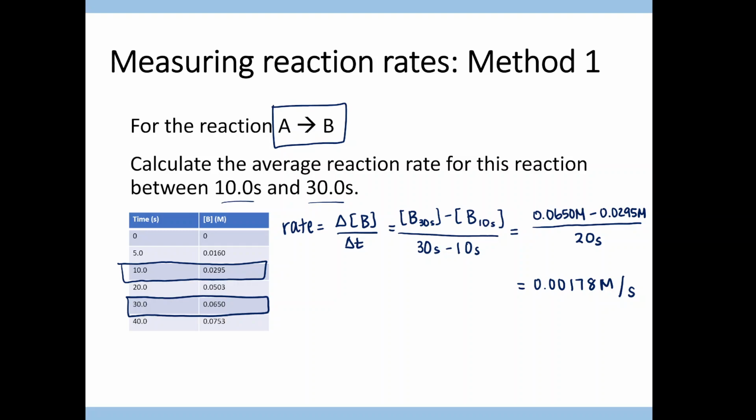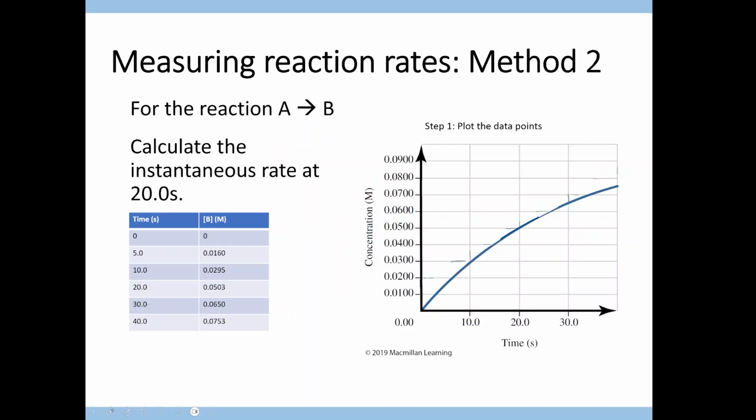So that's method 1. We are provided measurements of the concentration of B at different time points, and we can use that to calculate average rate. Method 2, calculating instantaneous rate, well, you would have to use those values that you generate for concentration of B at different times, plot the data points on a graph, so we have time versus concentration, and then to calculate the instantaneous rate at 20 seconds, you've got to take a tangent line at 20 seconds.